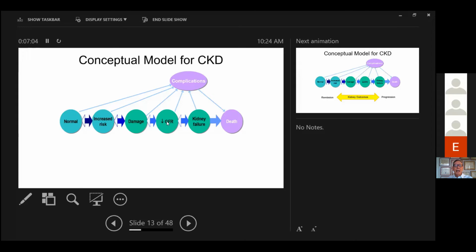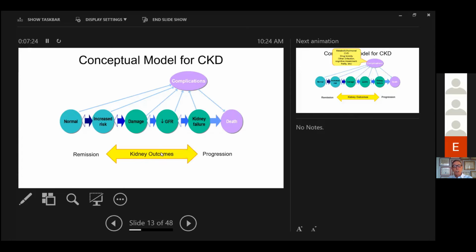And the high rate of death among people with earlier stages of kidney disease leads to the finding that you'll see later is that there are many more people in this stage than in this stage. Kidney failure, therefore, will represent the tip of the iceberg for ESRD.